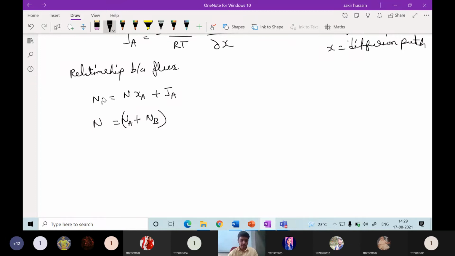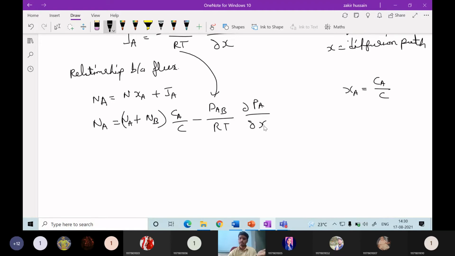In place of i we are directly substituting A. So NA is equal to (NA plus NB) into xA, the mole fraction of component A, that is CA by C, plus JA from Fick's first law, minus DAB by RT dou PA by dou X. Now for A through non-diffusing B, we know that NB is equal to 0.